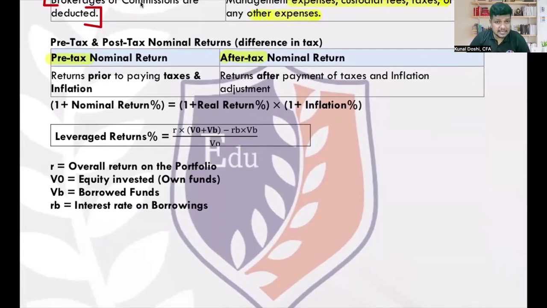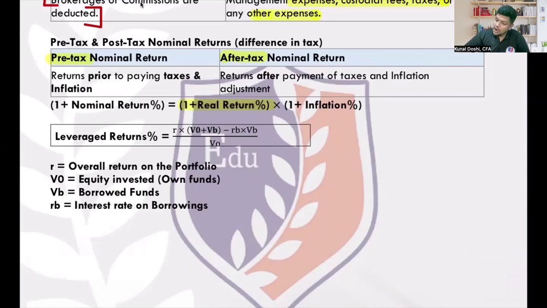Now, nominal returns, guys, are the returns before the adjustment of inflation. If I want to adjust the inflation, after adjusting the inflation from nominal returns, what do I get? I get the real returns.